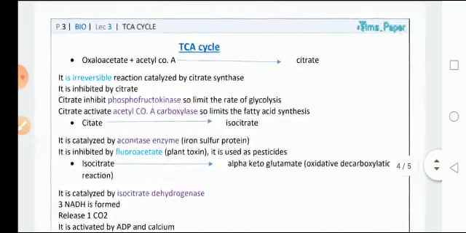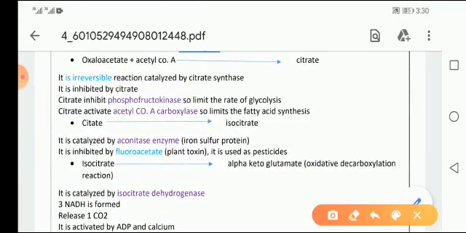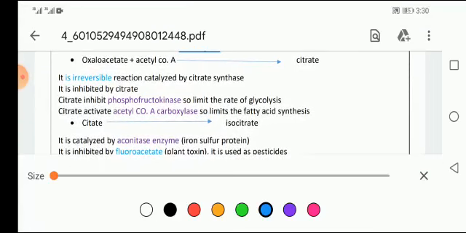Actually, once the citrate is produced, it inhibits the enzyme which leads to its production. So citrate would give negative feedback for citrate synthase.